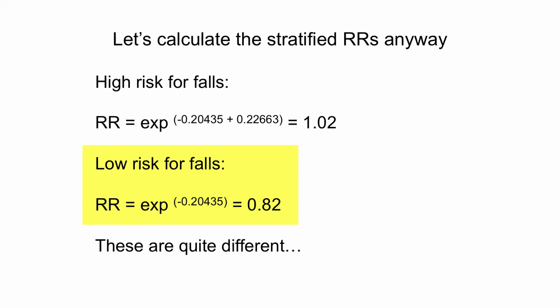This tells us that among individuals in the low-risk group, those receiving treatment have 0.82 times the fracture rate of those in the control group. We can see that the rate ratios are quite different. So even though the interaction term was not statistically significant, we might still want to report the stratified rate ratios anyway.